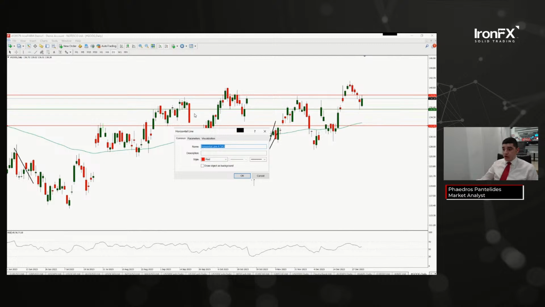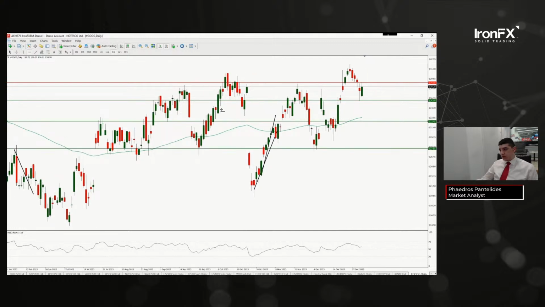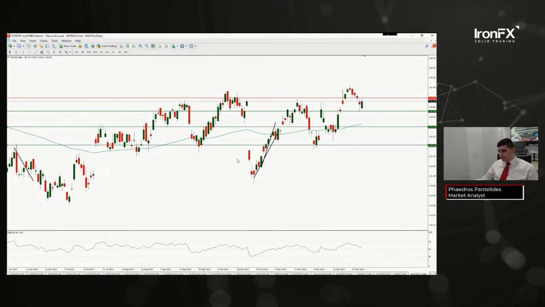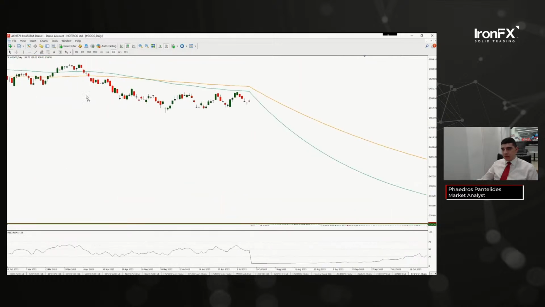Then for S2, 132.45. And then for S3, I'd take this slow, 128.30. So this would be my S1, S2, and S3. Note, it failed to break below S1. It failed to break above R1. RSI, 56, so neutral market sentiment, or so it is implied.